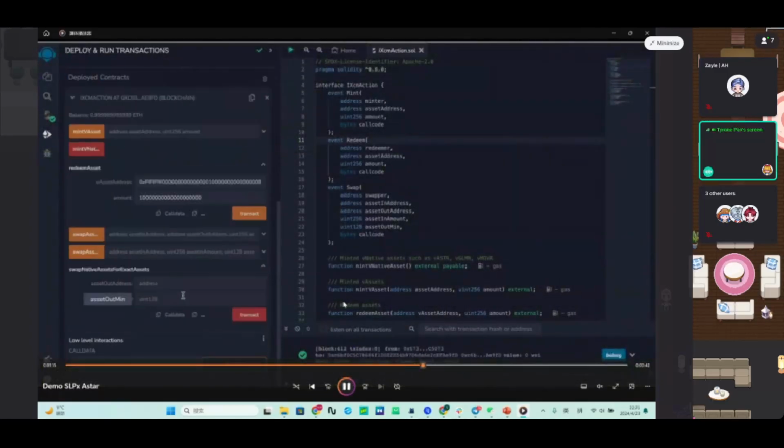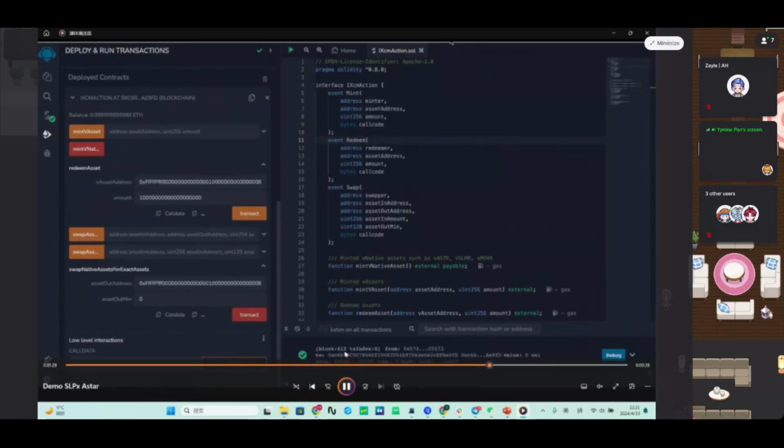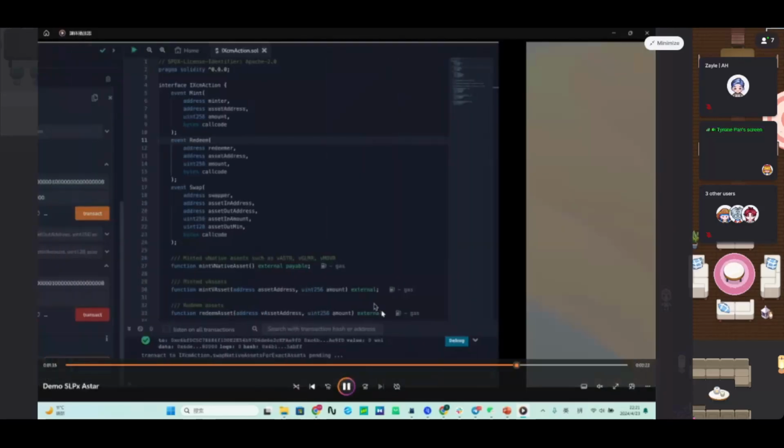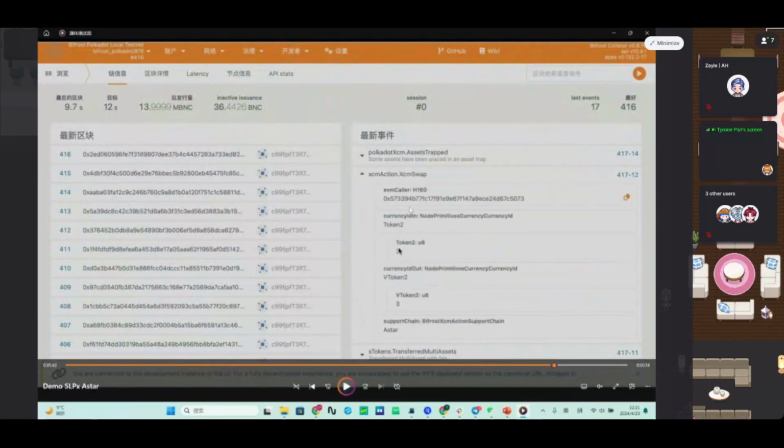And one last step is we remotely swap some Astar to VAstar. This is swapping in the Bifrost stable pool, which is the remote calling. We see that this is the SLPX pallet, which was named XCM Action before, but we are rebranding it, renaming it as SLPX pallet right now.